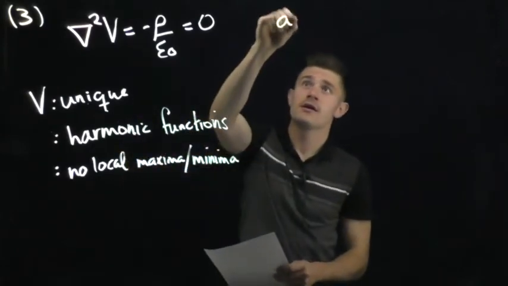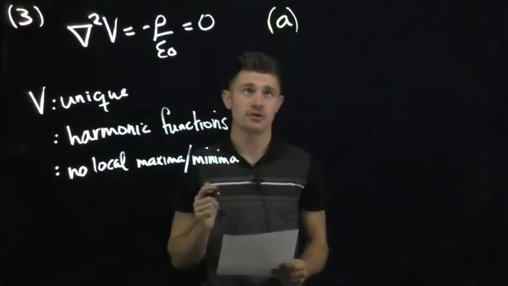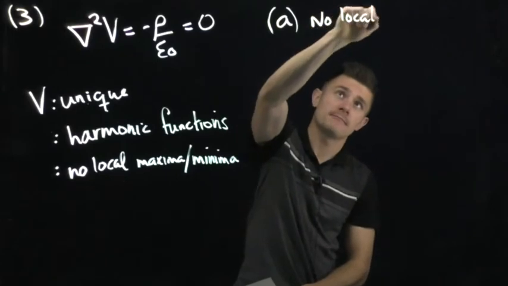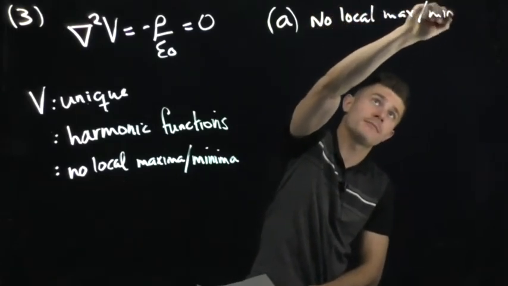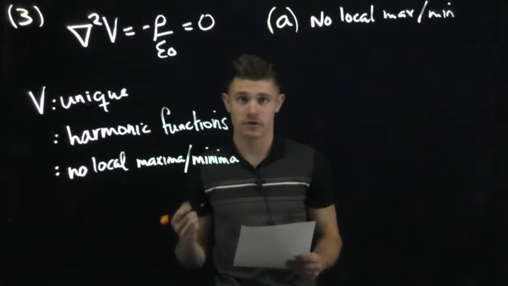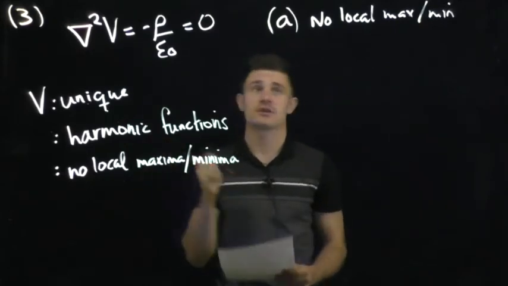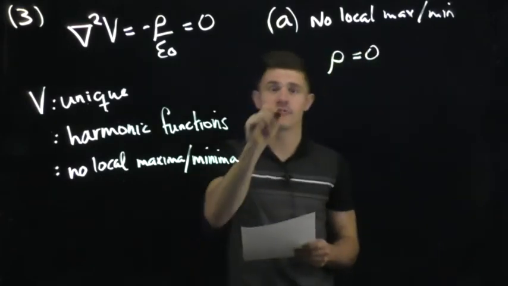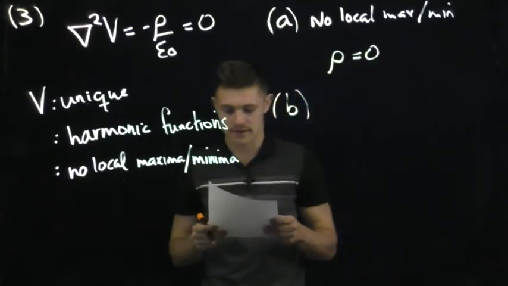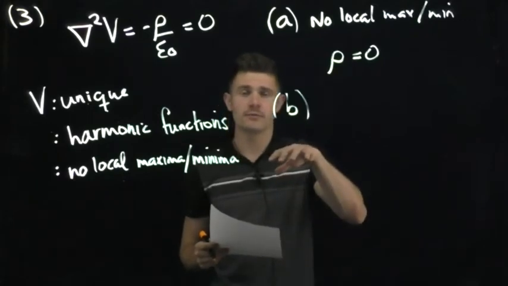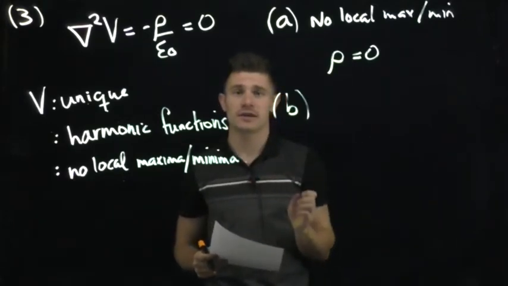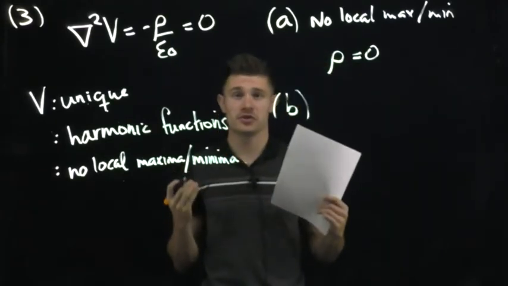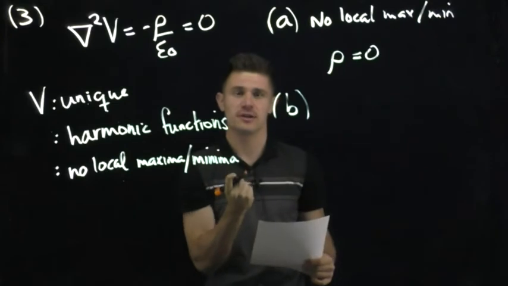So for A, I'm not going to draw the distribution, but you can look at the picture and see that there are no local maxima or minima, which means we have a harmonic function. The potential is a harmonic function and a solution to Laplace's equation, so indeed rho is equal to 0. For part B, we see that there is a local minimum right in the middle. You can see there's a valley that the ball will get stuck in if you were to drop a ball, which means that there has to be some sort of charge distribution in order to cause this depression in the middle of the potential.